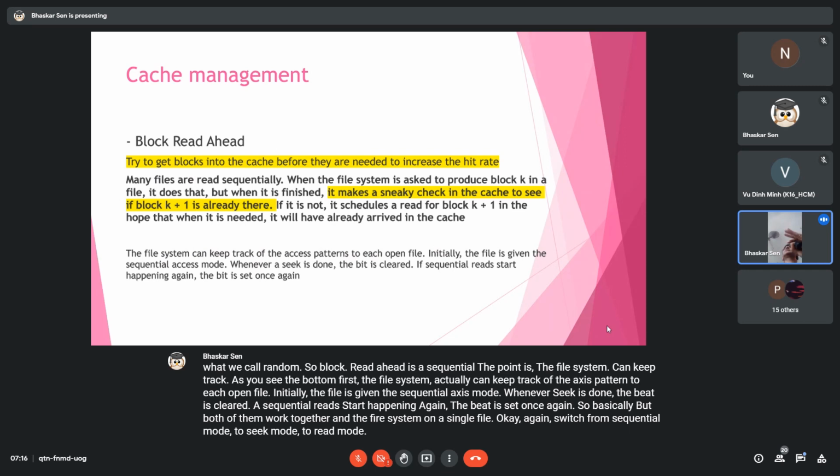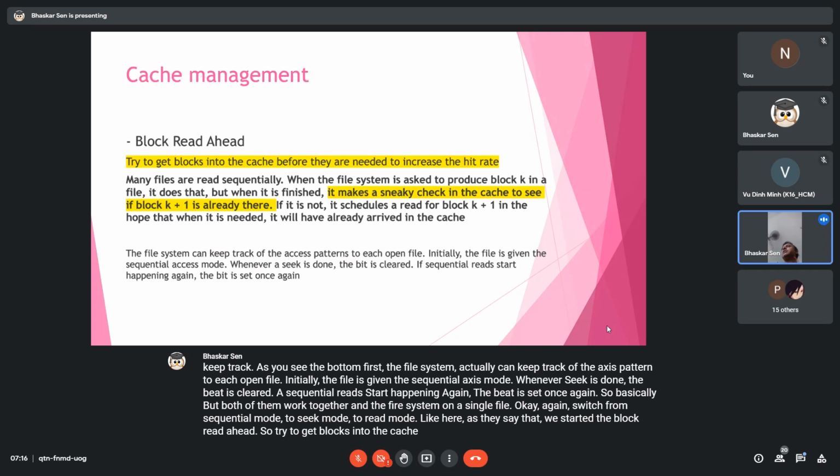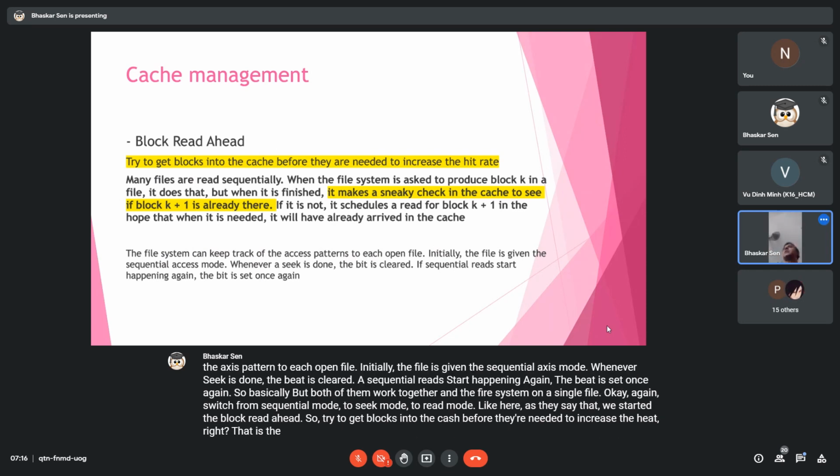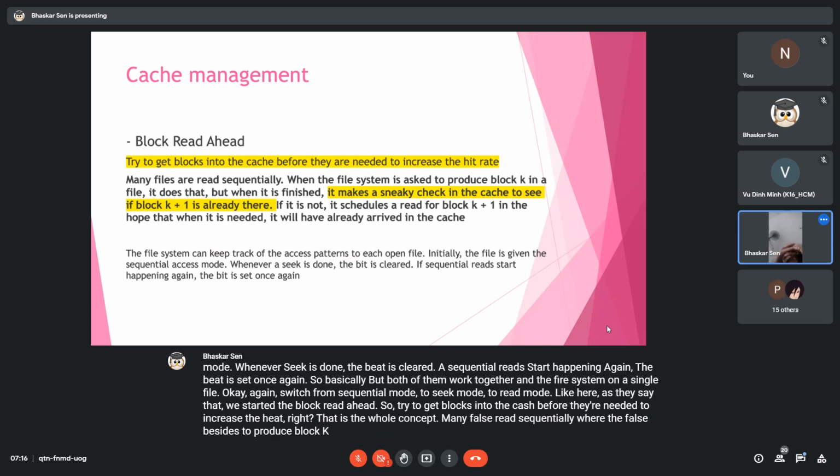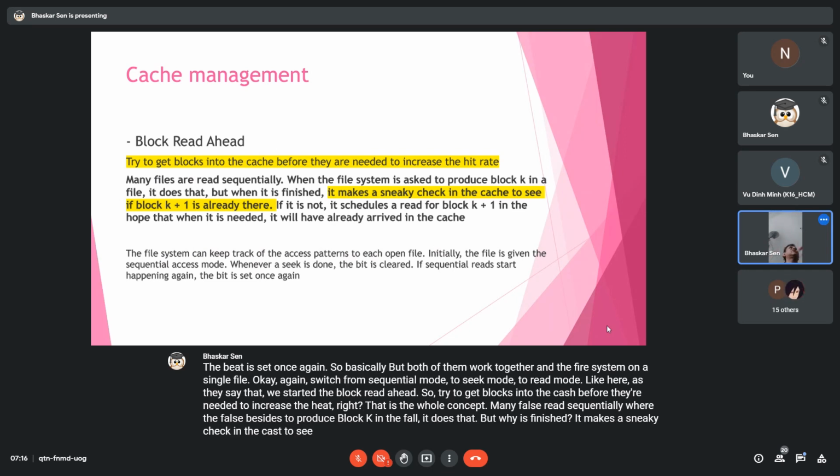Like here, we start with a block read ahead. So try to get blocks into the cache before they're needed to increase the hit rate. That is the whole concept. Many files are read sequentially, where the file system decides to produce block K in the file. It does that, but when it's finished, it makes a sneaky check in the cache to see if block K plus 1 is already there.